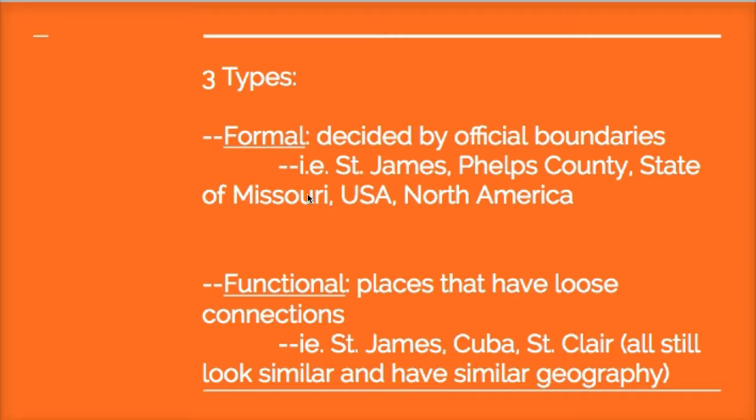They have a lot of the same value system, the same television, radio stations, because they're coming from Springfield and St. Louis. They're all in that same area. So they could fit both types, but a functional type means that there's not a clear boundary line drawn saying this is the town line or this is the state line. All right, pause, copy those down if you haven't already, and then move on and I'll explain the third one.